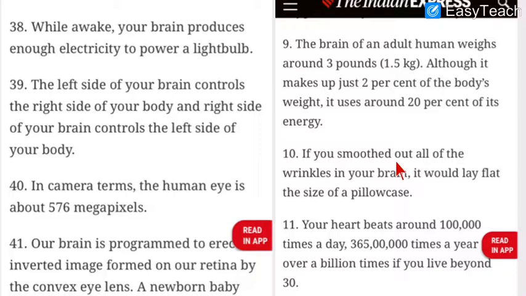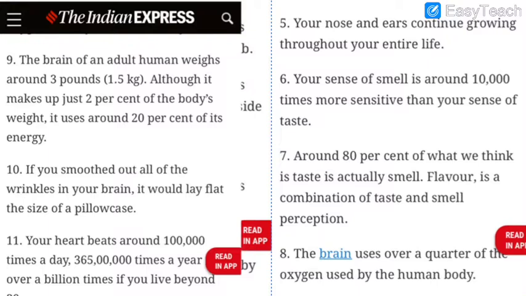If you smoothed out all the wrinkles in your brain, it would be the size of a pillowcase. Just imagine how interesting it is. And the last one is, your heart beats around 1 lakh times a day, 365 lakh times a year, and over a billion times if you live beyond 30.